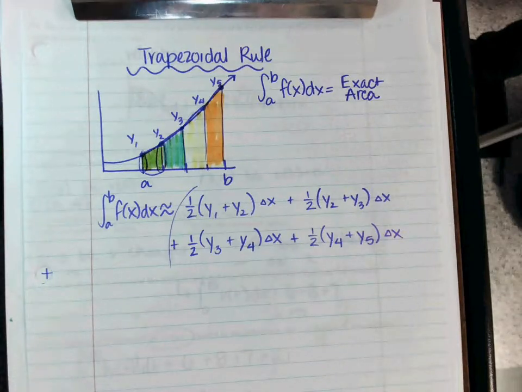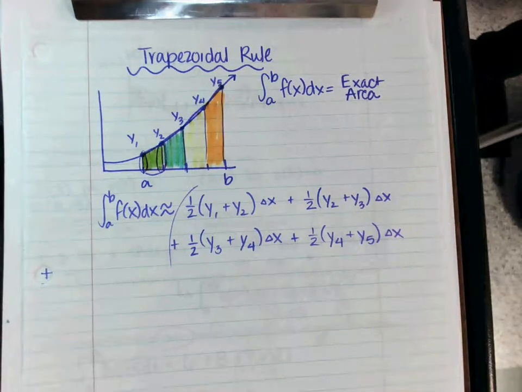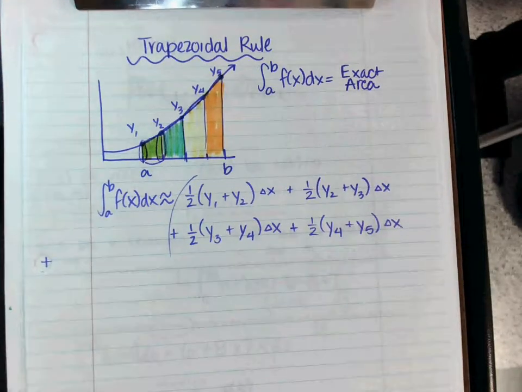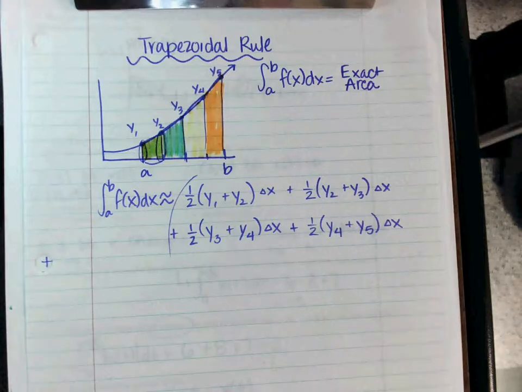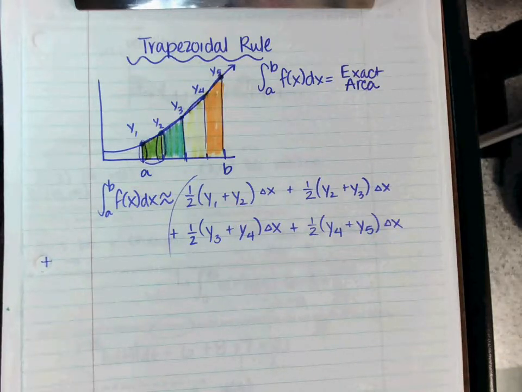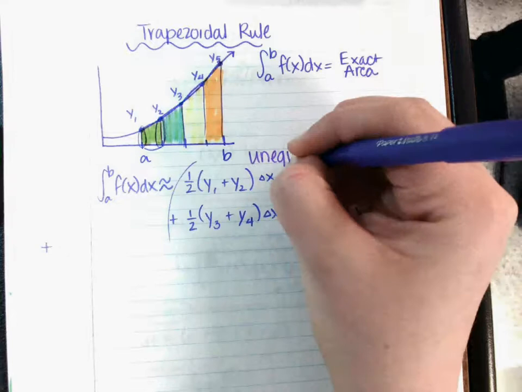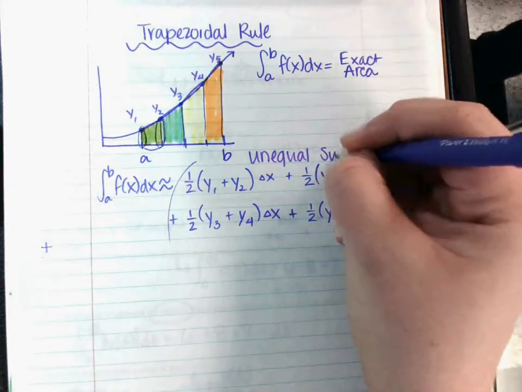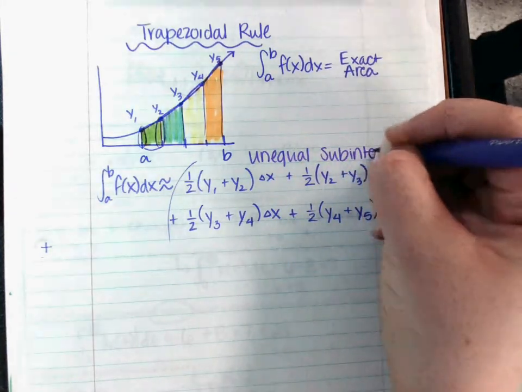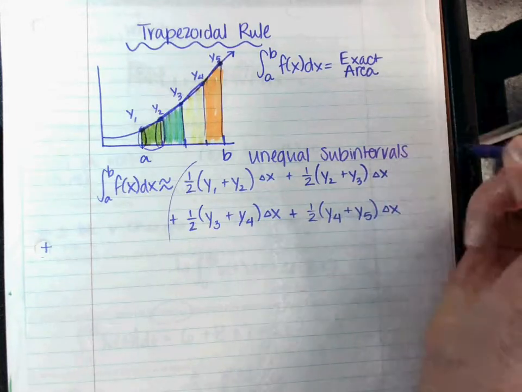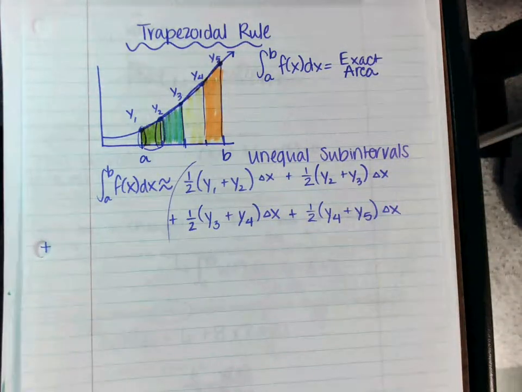Now, do you remember yesterday we did this with rectangles, and then eventually we said, okay, if the delta x is the same, we can shorten the formula by greatest common factoring the GCF out to the front. Do you remember that? Okay, what if my delta x is the same? So I'm going to put here, this is for unequal subintervals. So if they're not the same, you have to set it up the long way.